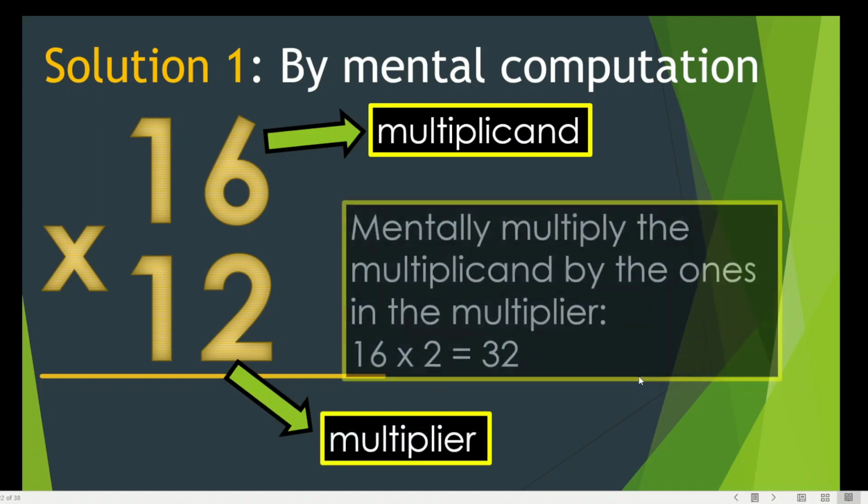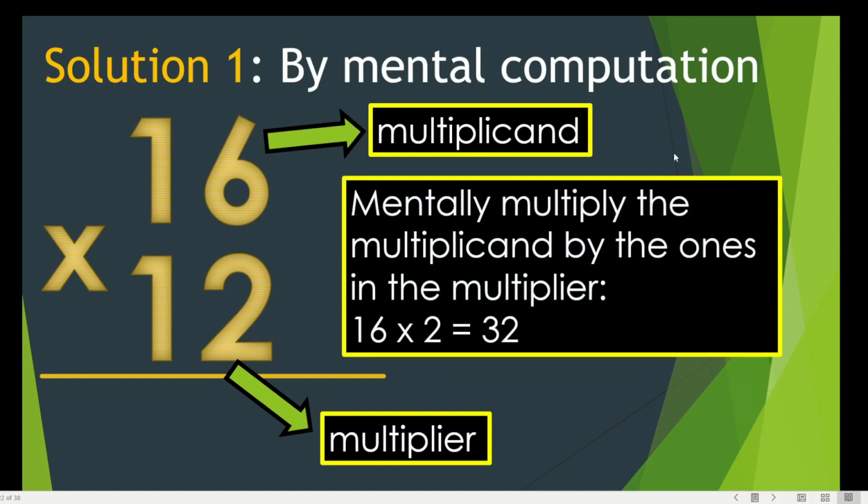So by doing mental computation, we mentally multiply the multiplicand by the ones in the multiplier. 16 times 2. This is the multiplier, and this is the multiplicand.